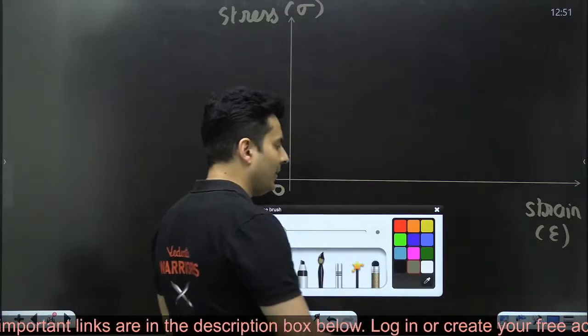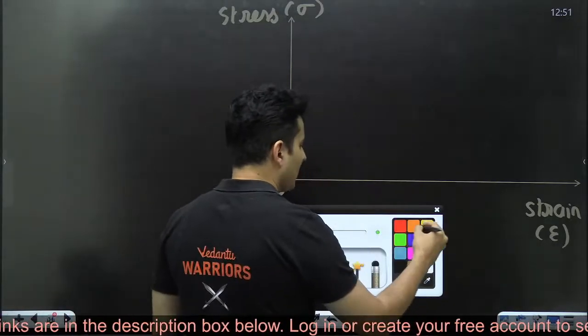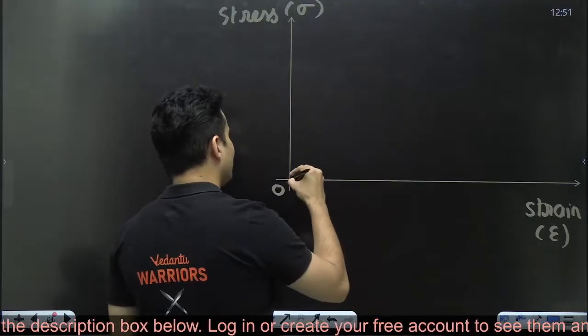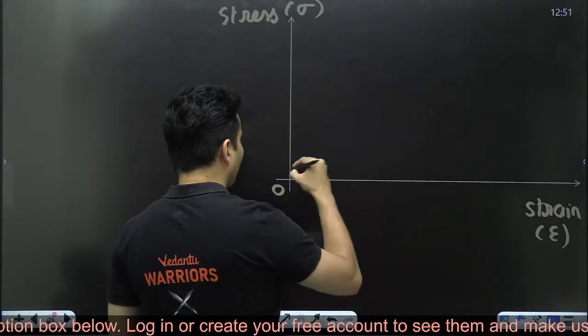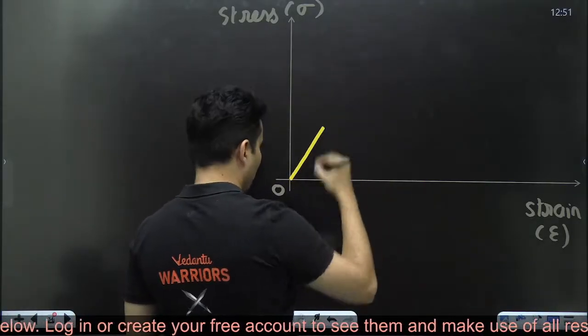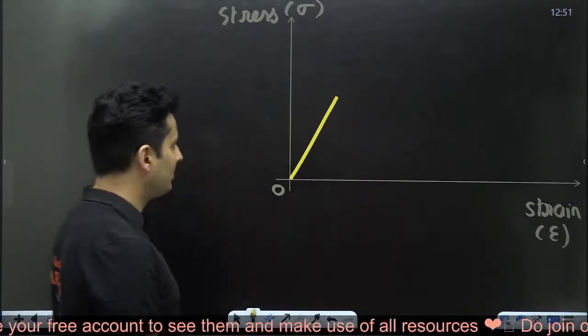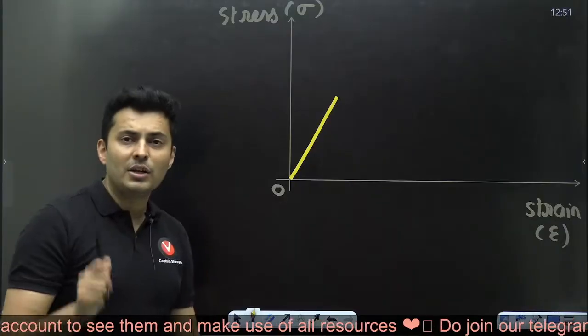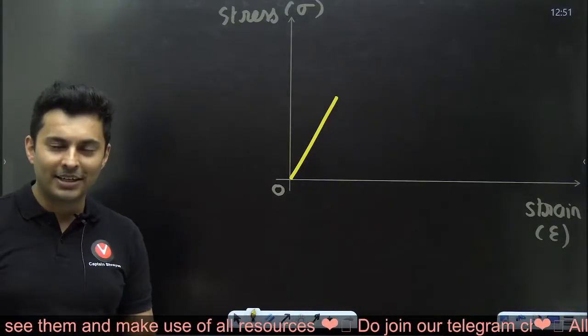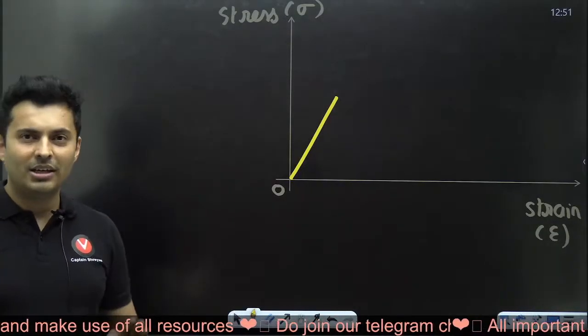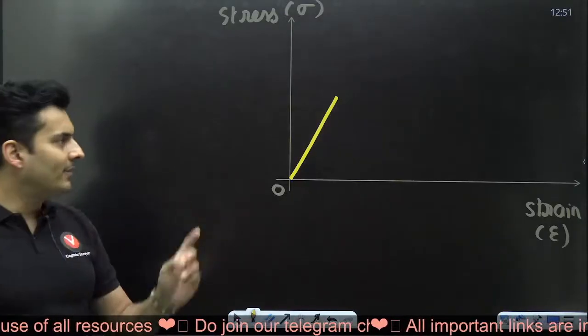So using Hooke's law, one can easily say that the stress is directly proportional to the strain. So it will be a straight line, just like this. But it will not remain a straight line forever. It will start becoming curved, non-linear, basically, after a point.